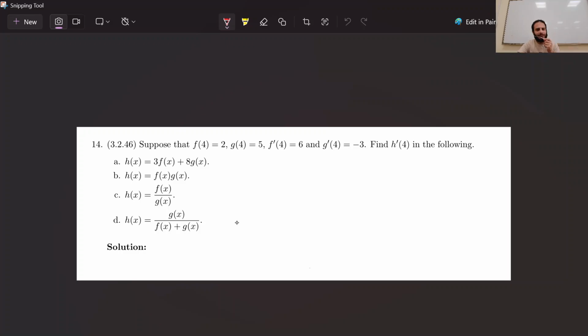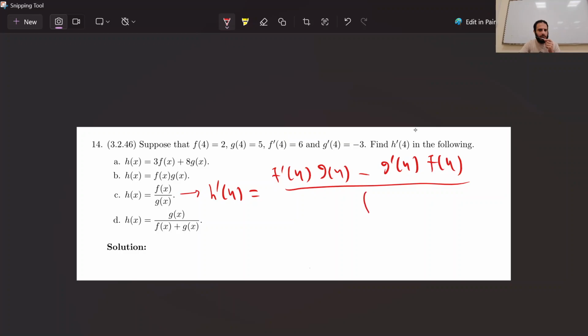Okay, let's substitute immediately. h prime of 4 equals f prime of 4 g of 4 minus g prime of 4 f of 4, over g of 4 squared, because this one is squared.